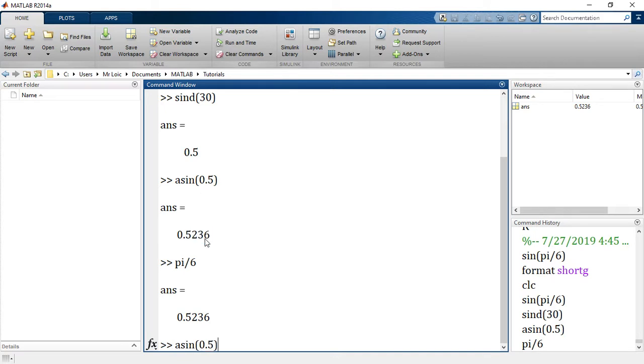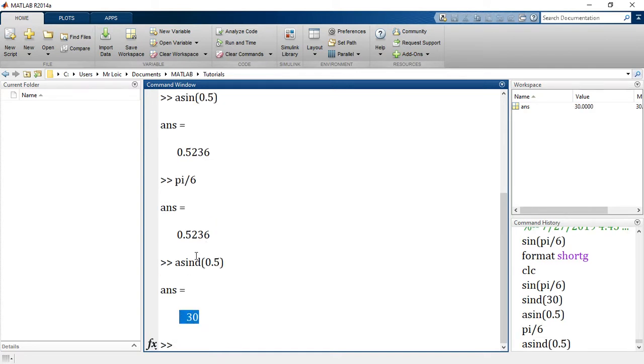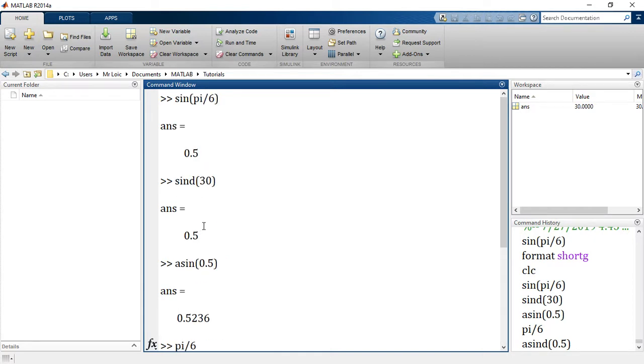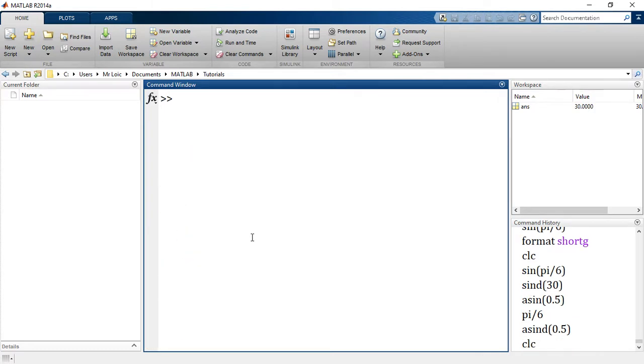But if I say asind of 0.5, it gives me 30 degrees, and the answer is in degrees. So the normal functions, whether sine, cos, or tan, always expect input in radians, or give you the angles in radians in the case that you're using the inverses. And if you want the answers to be in degrees, in all of those functions, you just add d in front of them. That's all.